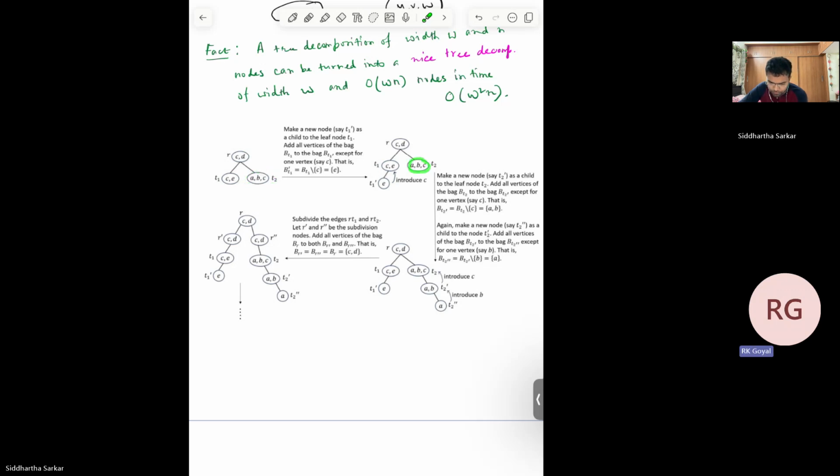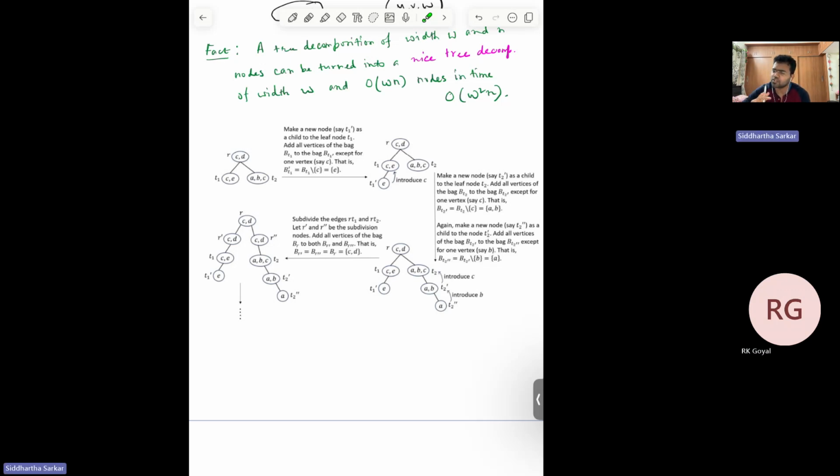I have a question here. Instead of introducing C, we could have introduced E also. Exactly, you had the liberty to do so. In order to obtain a nice tree decomposition, you just have to ensure that these four types of nodes are in your decomposition. So it is possible that you end up with a different nice tree decomposition than what I get.